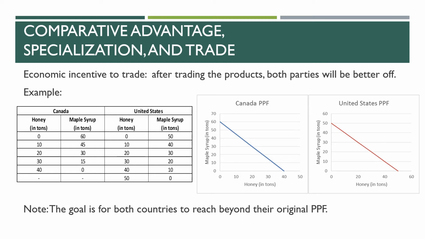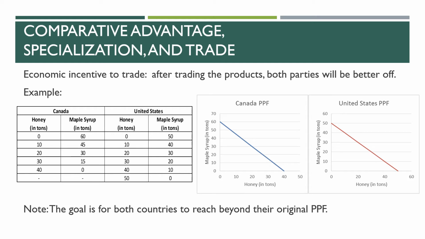Remember, a very important concept here is that each of these countries has its limitations, either because of the resources in the country or the technology they have to produce the two goods. The production possibility frontier demonstrates the limitation, the optimal level of outputs that they can achieve on their own.